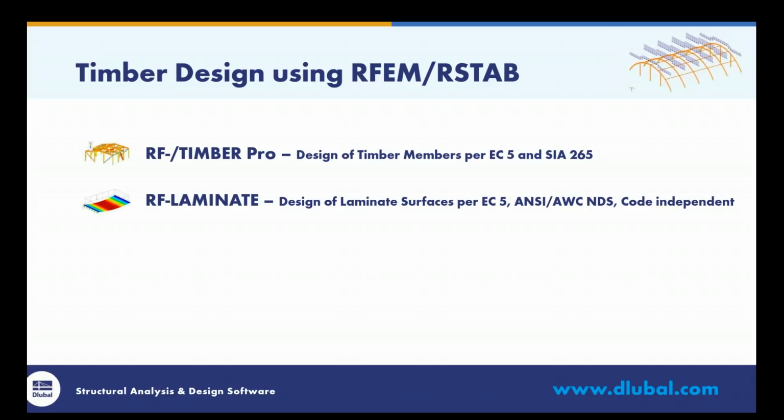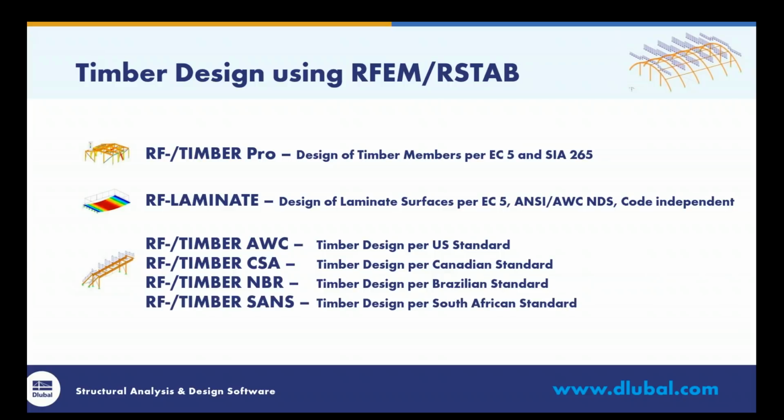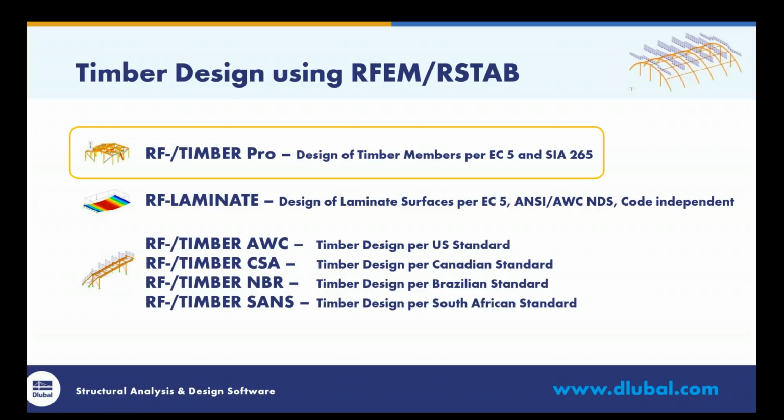Then we have the module RF-Laminate for the design of laminate surfaces. We have several modules for different standards: the US standard, Canadian, Brazilian, and South African standard. And today we will use the module RF-Timber Pro.